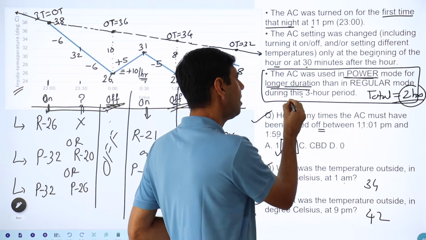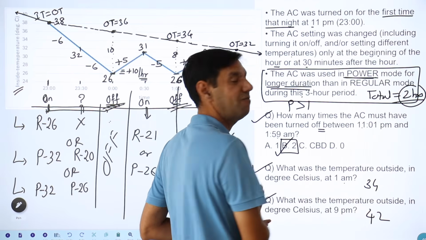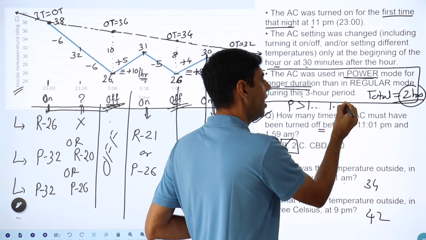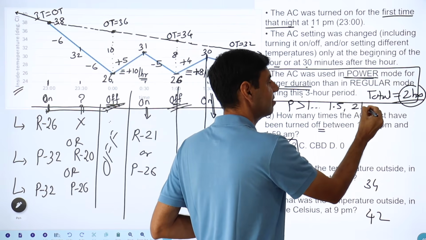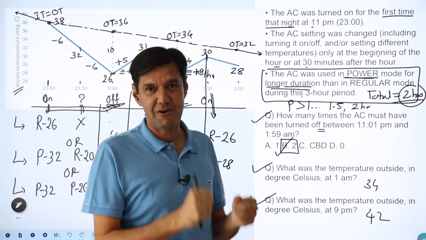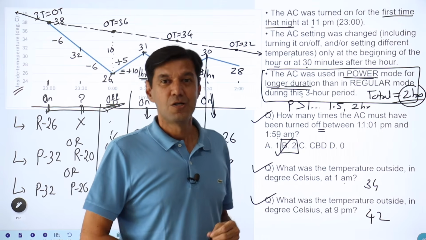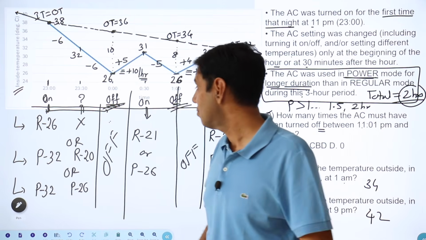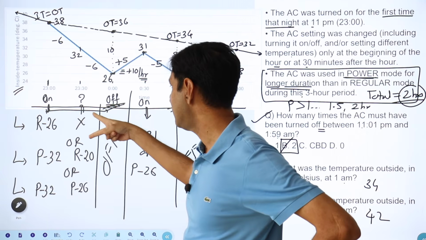So do you know that power has to be more than 1 hour? More than 1 hour means either 1.5 hours or 2 hours. It can't be otherwise, because you can change it only at an hour or after half an hour. So let's see what can happen. To answer the question, it's just that can this take place?